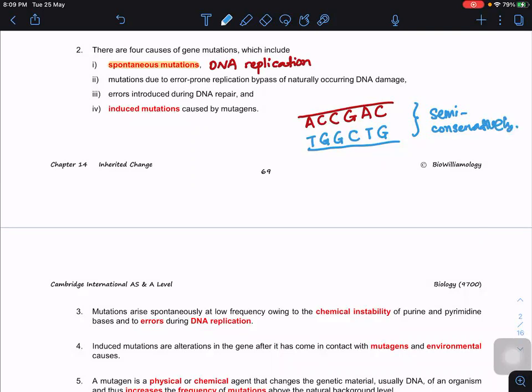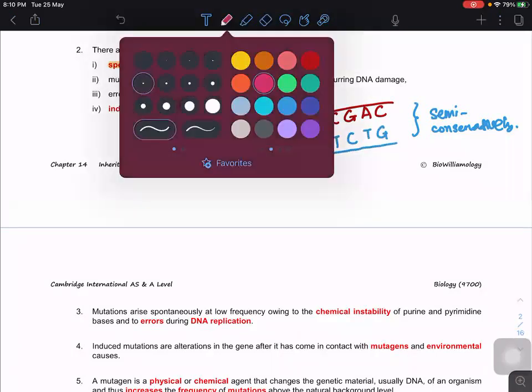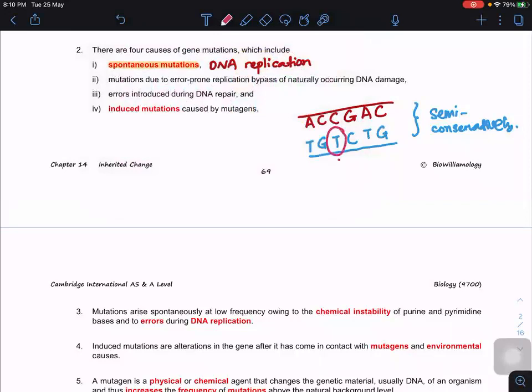That's ideal, but sometimes DNA replication is not perfect. Instead of G, maybe here they add T. So you see that a mutation actually takes place. In this case, we call it a base substitution: we replace G with T.